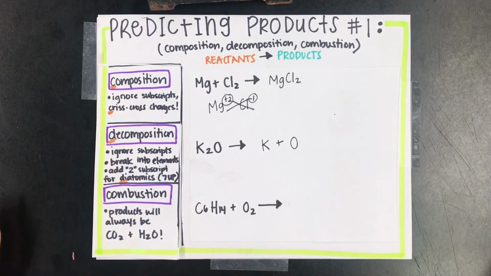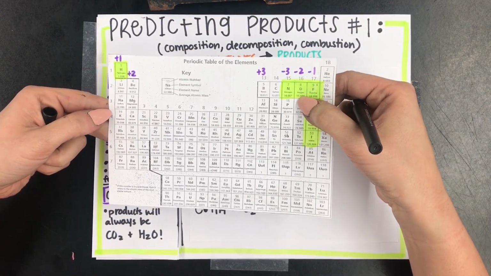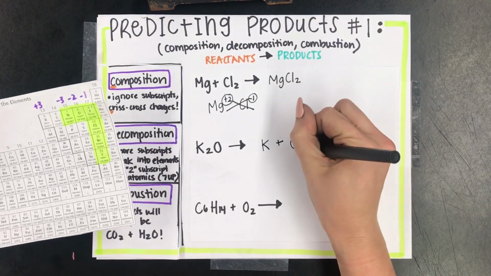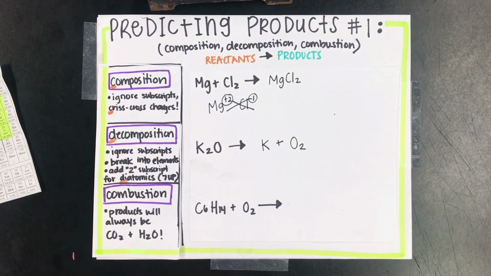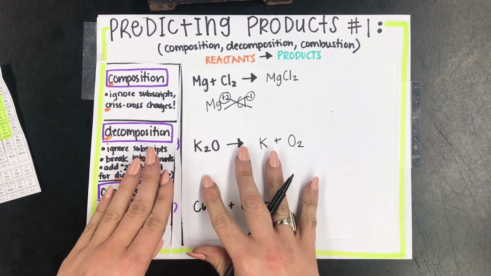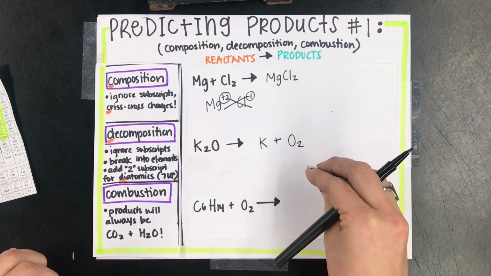K, not one of 7-Up. Oxygen is a diatomic. I will add a subscript 2. And you are done. People want to make those a lot harder than they are, but those are some of the easiest. Split it apart, only add a 2 if necessary.